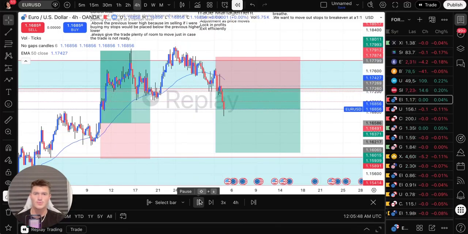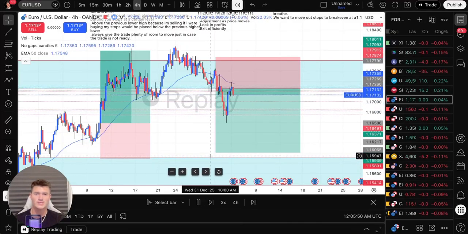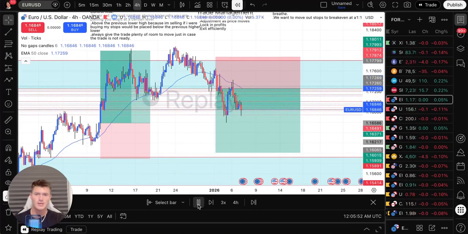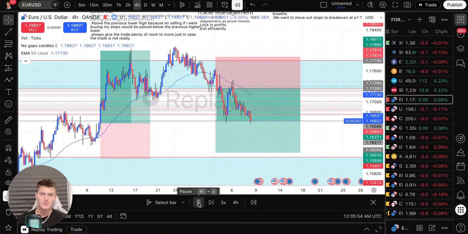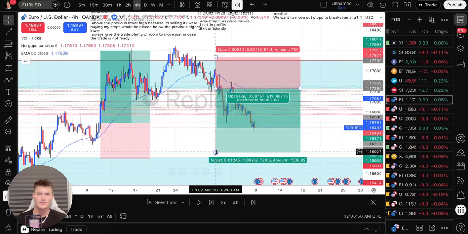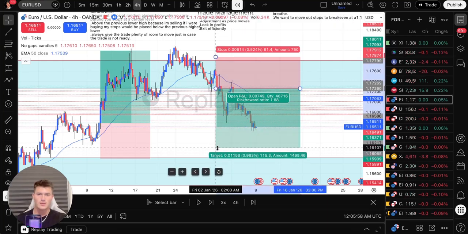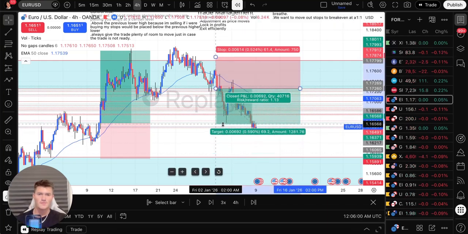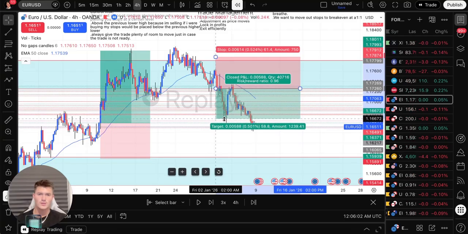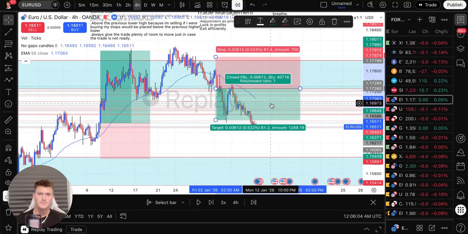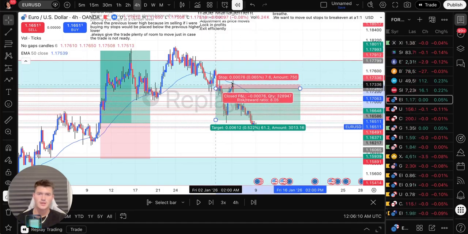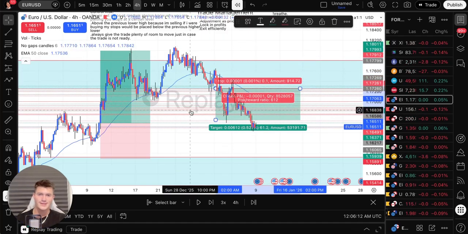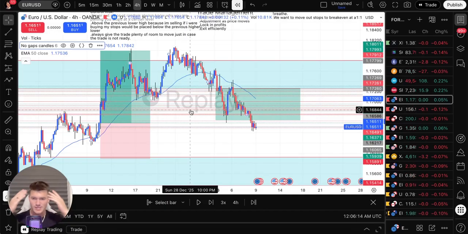So we get the break, we get the retest, entry signal, and let price do its thing, continue to hold it for however long. And all I do is I take my take profit until it gets to that 1, which is right there. So we're at a 1 risk to reward ratio. What I do is I just bring my stops to 0, and now the risk is completely gone.